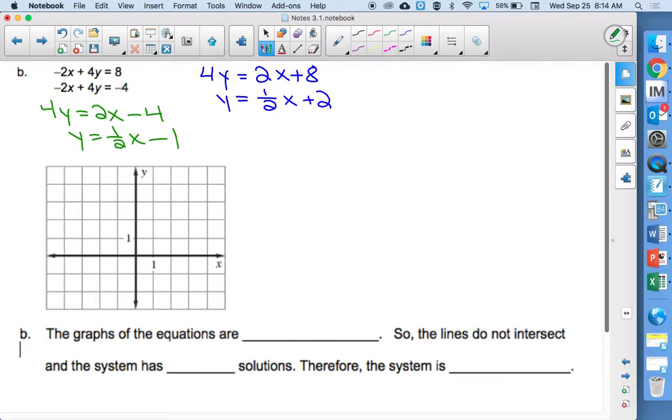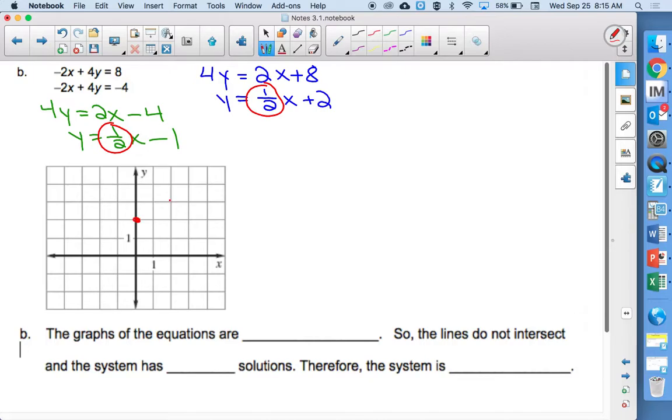So Gavin, just by looking at the equations, without graphing it, what could you say about the equations? Parallel. Yeah, just by looking, the slope is the same, so these are going to be parallel. They have different y-intercepts. These are still parallel lines because the slope would be the same.